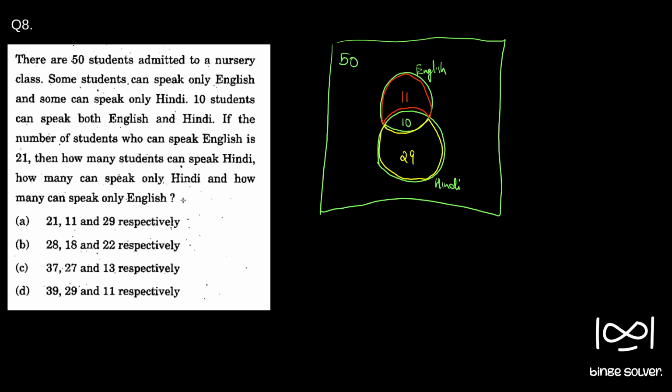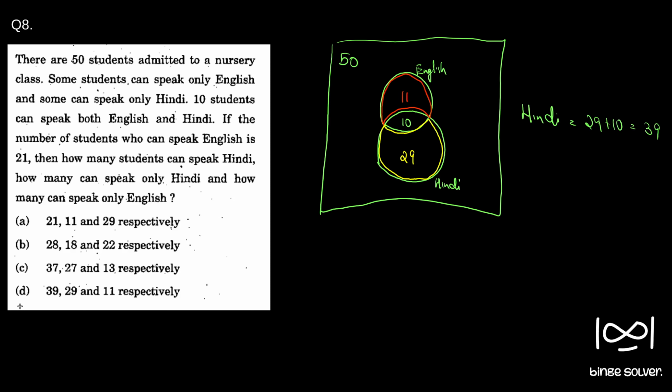So now how many students can speak Hindi? If you see, this 10 speaks both Hindi and English, and this 29 speaks Hindi only. So total Hindi speaking students is equal to 29 plus 10, which is 39.